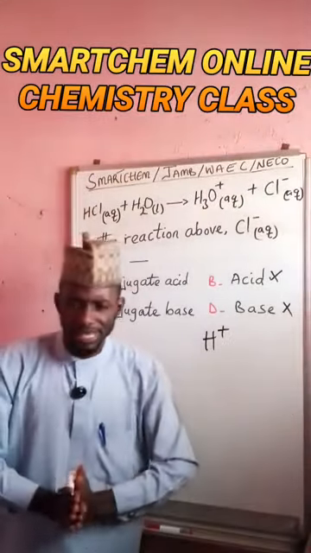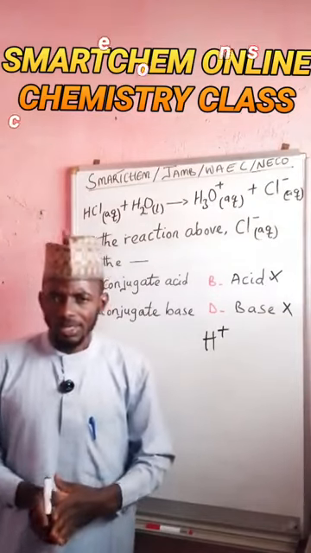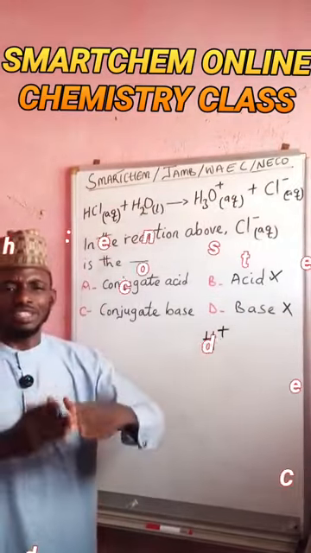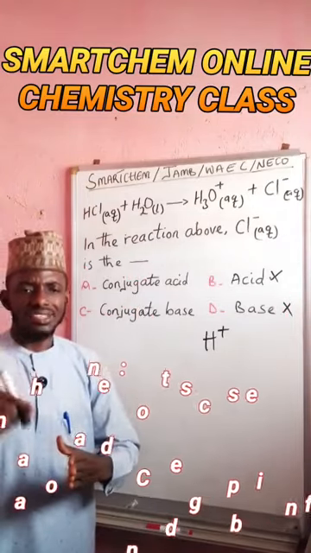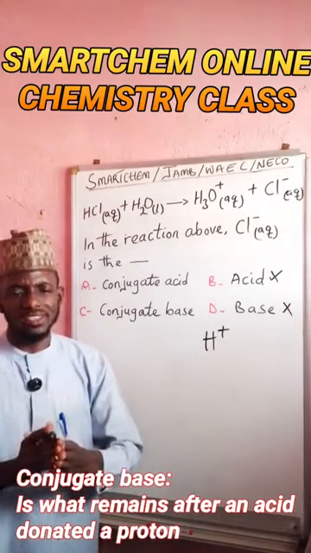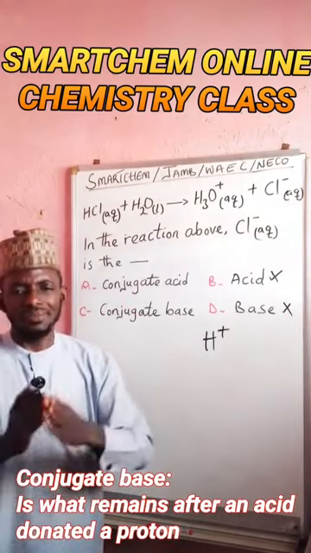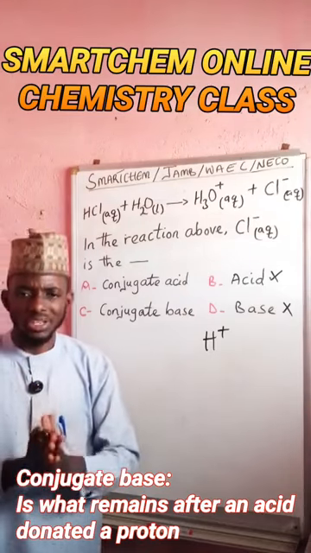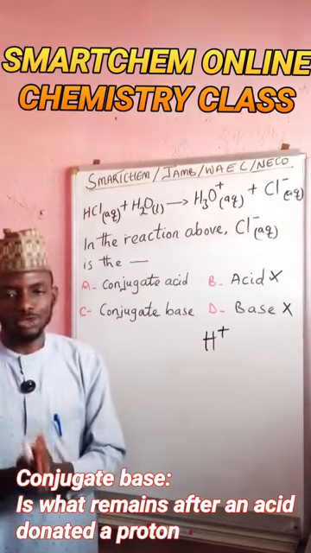And now let's go. What is a conjugate base? Conjugate base is what remains after an acid donated a proton. Yes, a conjugate base is what remained after an acid donated proton, that is hydrogen ion.